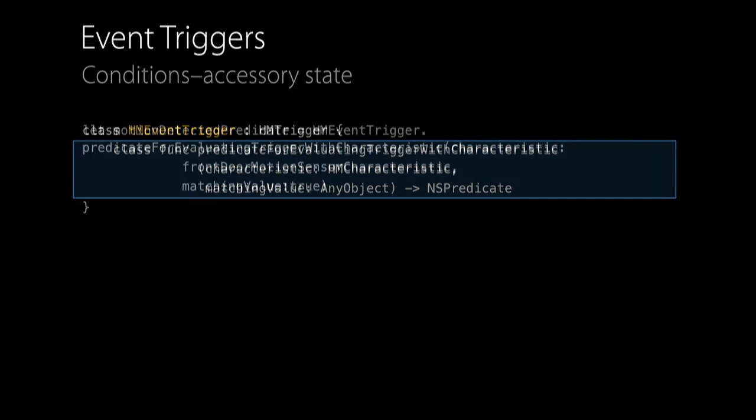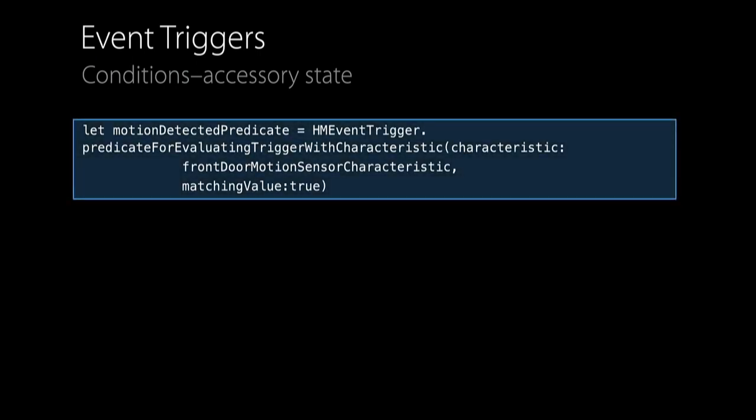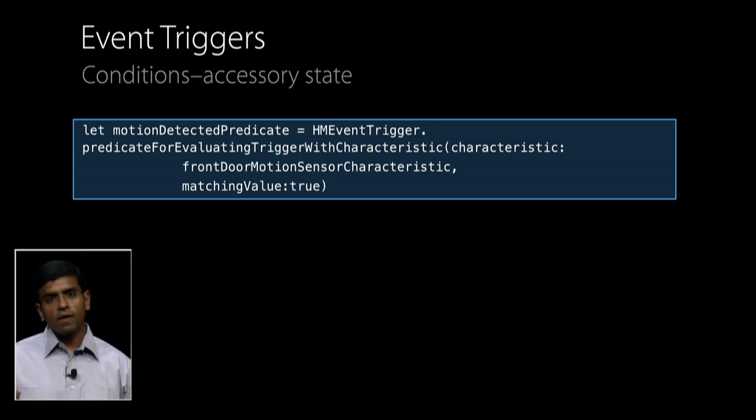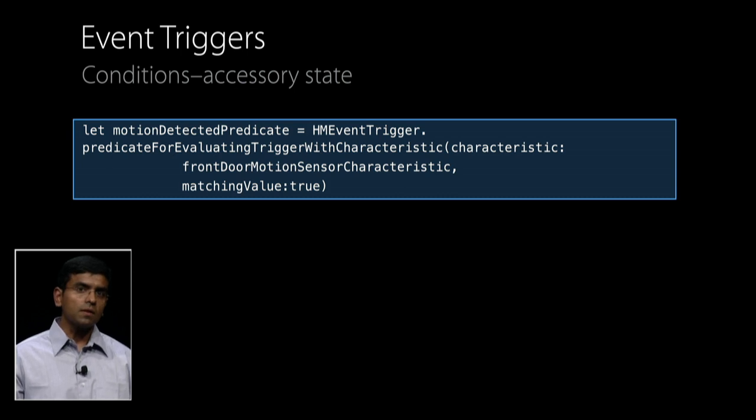So for our motion sensor, here's how you would create a condition corresponding to it detecting motion. Just call the convenience API, specify the front door sensor characteristic as the source of the characteristic, and for the matching value, set it to true. This would mean motion has been detected. It's as simple as that.